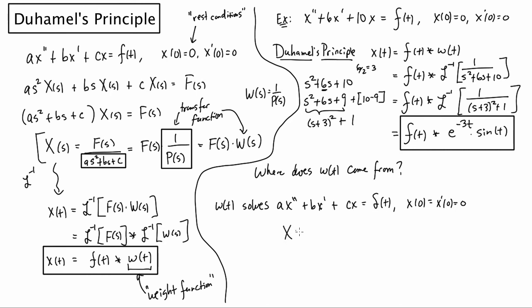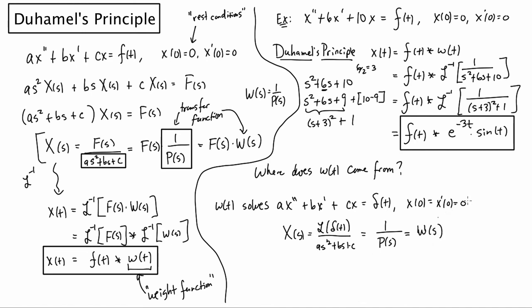We would just have x of s equal to the Laplace transform of the delta function over the characteristic polynomial, which would just be 1 over the characteristic polynomial, which is our capital W of s, the transfer function.